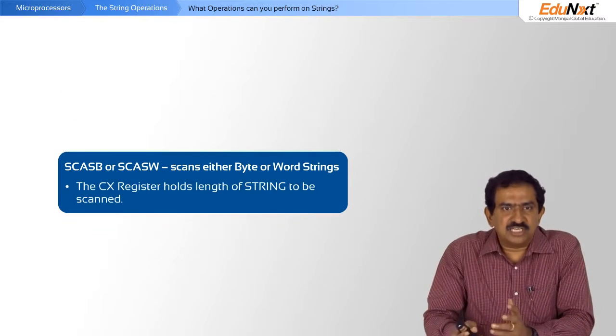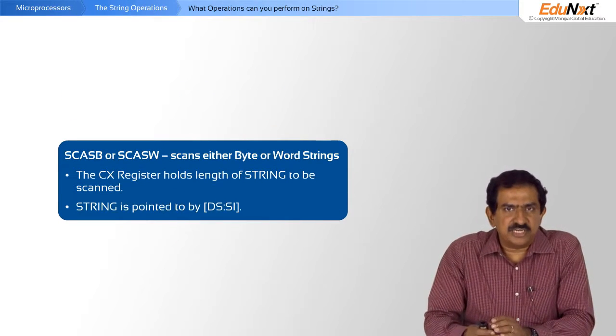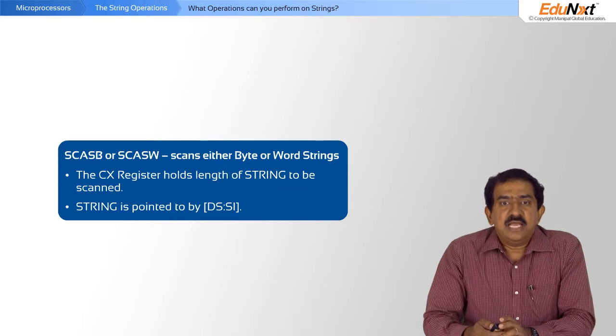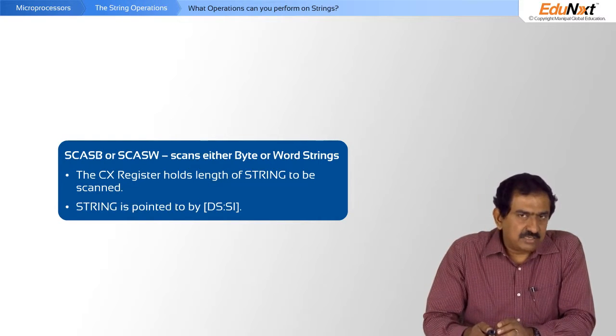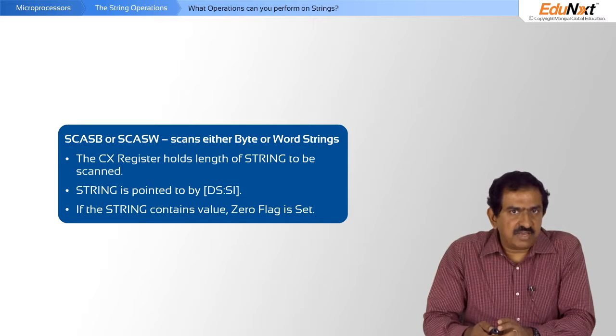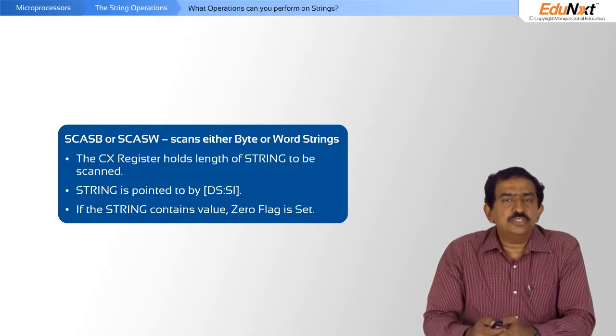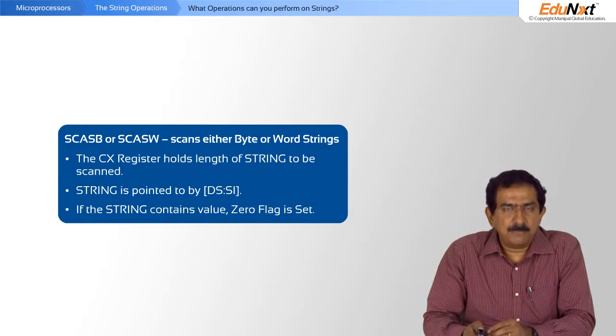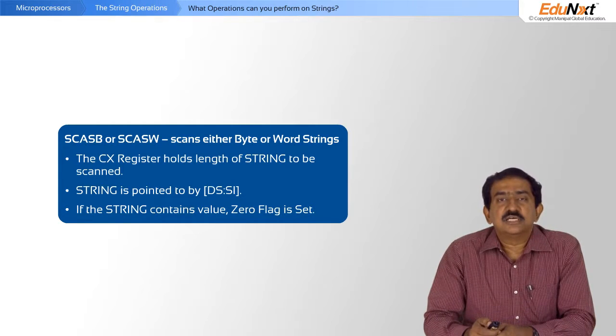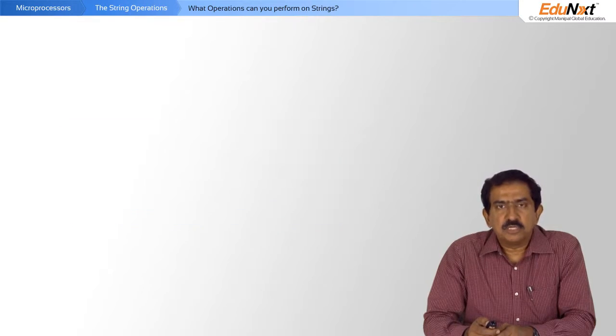And here too your CX register holds the length, and the string is pointed to by ES:DI. After you finish the scanning, if the string contains the value, the zero flag is set. So as a programmer, all you need to do is run this string instruction SCAS, check for the zero flag, and you know whether the string contains the value you are looking for.